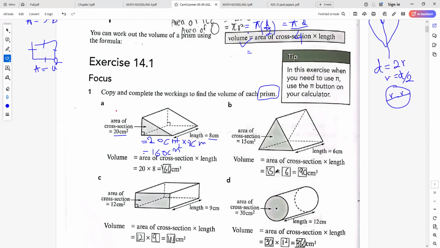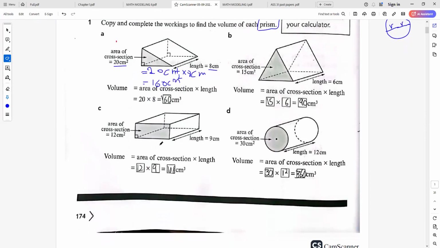Even if you don't substitute the values along with the units, because the space is not sufficient, you can just skip the unit here, and then finally put the answer along with the unit. Now 15 into 6 gives you 90 centimeter cube. Then the C part also is very simple. Here 12, then 9. So 12 into 9, 180 centimeter cube.